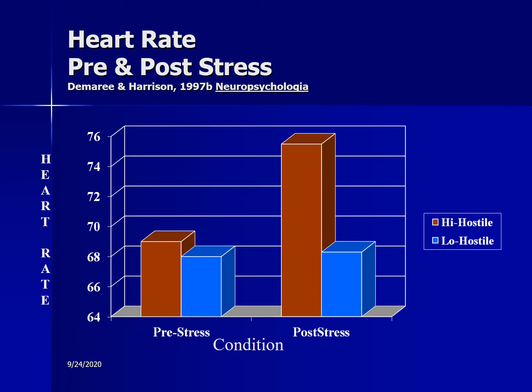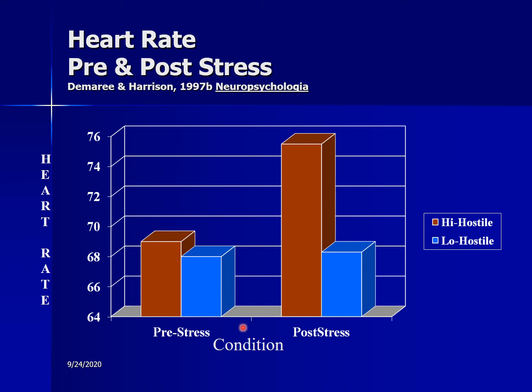So here's an example of just typical findings in our lab in terms of controlling cardiovascular functions. Here we have low hostiles in blue, and we have high hostiles in red before and after stress. The most common stress in this literature is to put the arm in ice water. We call it a cold pressor stressor.